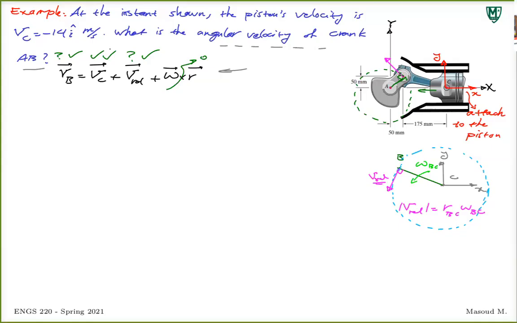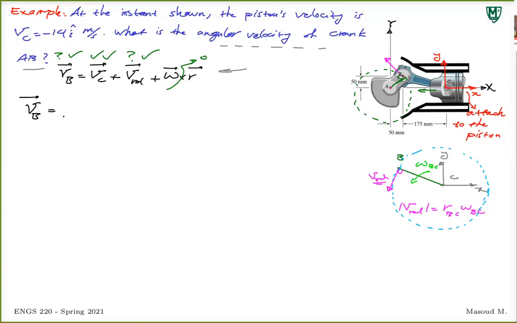If you have two unknowns, it means this is going to give you something useful and you can continue. If we had more than two unknowns, let's say we didn't know the magnitude or the direction of VC, then we couldn't use it. It would have been useless. But now you have two unknowns. Let me continue, and these things will start making more sense.